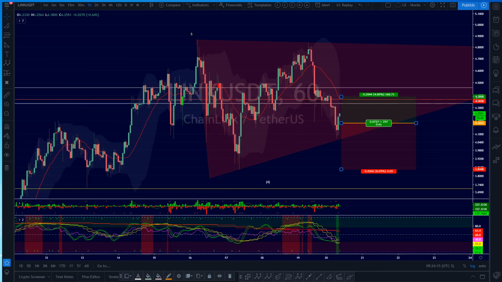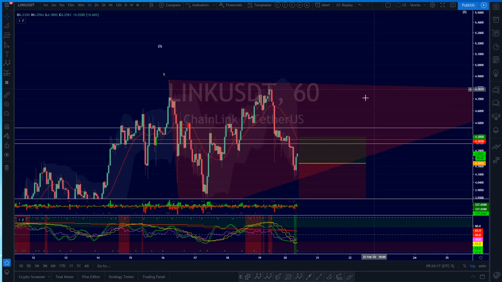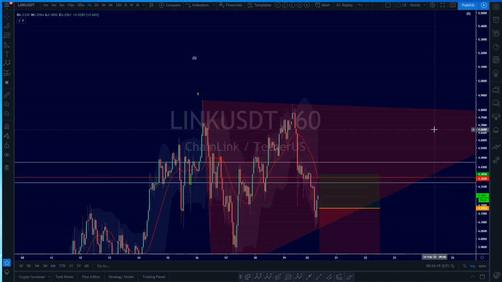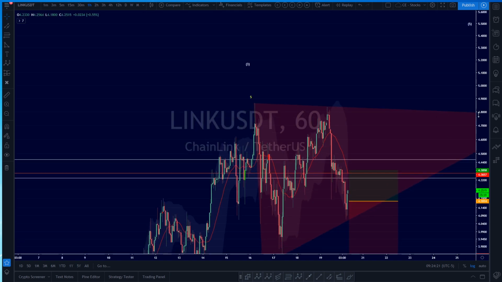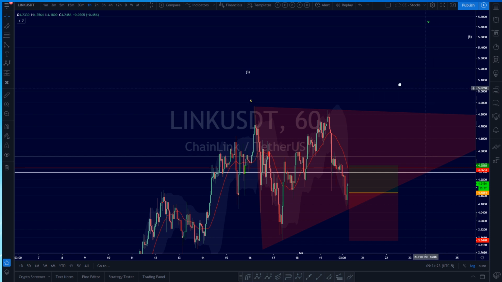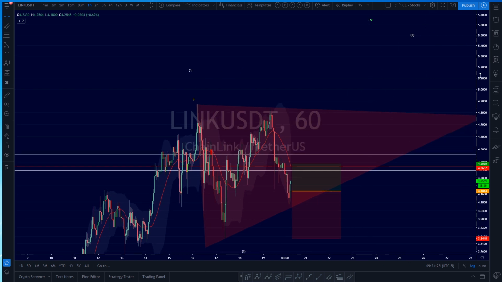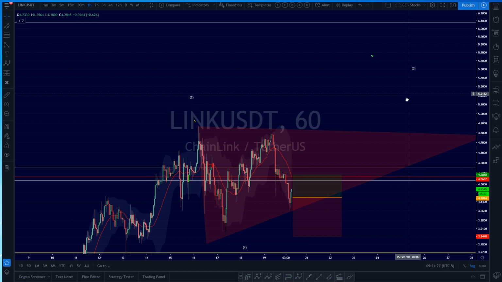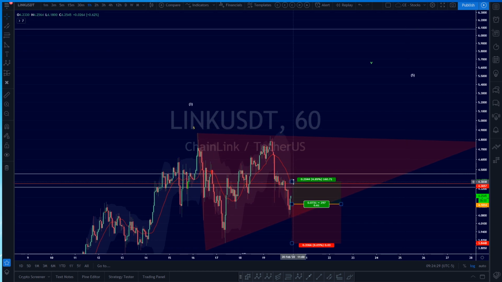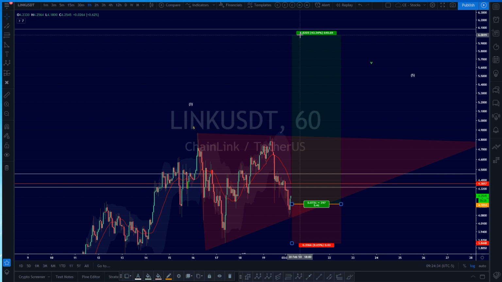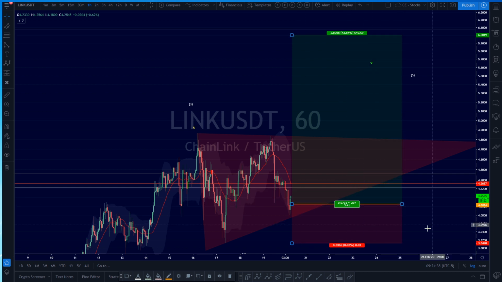But your reward, if you are right, let's just go ahead and outline that. I really don't like that stop loss. It's a pretty wide stop, in my opinion. But the upside target being $6, it's going to be a 43% gain on that risk.